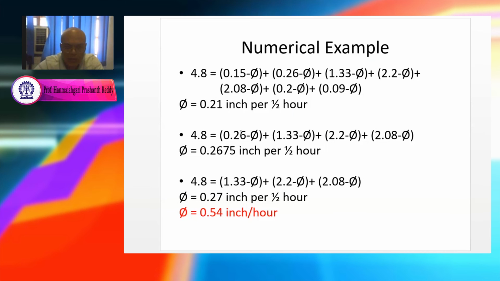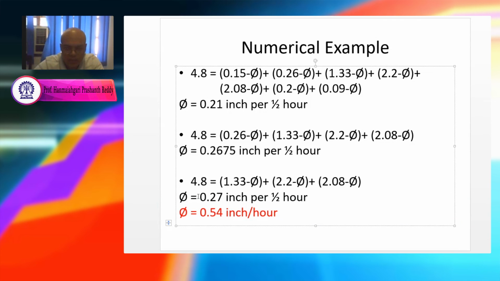So we need to neglect this and modify phi again. So 4.8 is equal to 1.3 minus phi plus 2.2 minus phi plus 2.08 minus phi. From this equation we'll get phi is equal to 0.27 inch per half an hour. All the three rainfalls are more than this 0.27, so they are contributing to the direct runoff.